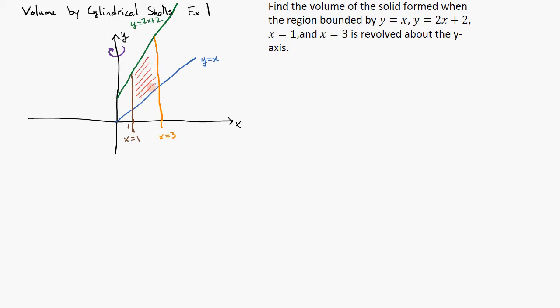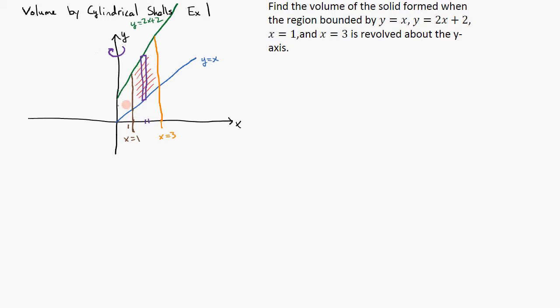So if we look at the region and we want to decide how to take a cross-section through the region, it looks like it's best to take a vertical cross-section. So imagine, take a small interval along the x-axis, and I take a vertical cross-section through the region. It'll look like this. Then now we're asked to take this and rotate it around the y-axis.